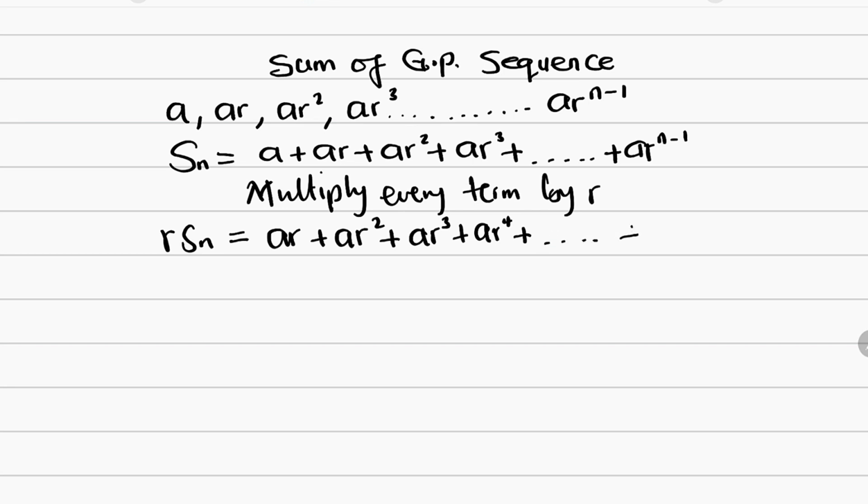After the last term, if you multiply that by r, you have to get ar to the n power. Now we have formed two equations, 1 and 2.